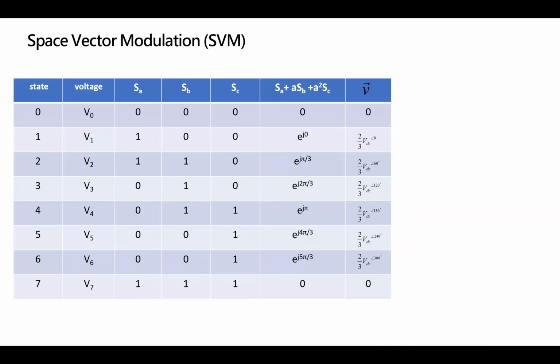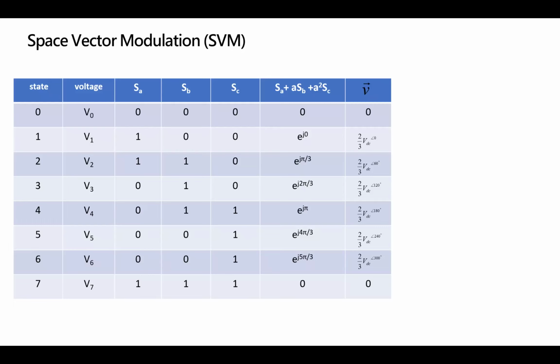Now, if we decide on the S function, let's say S of A, we define the sectors of a space, like from time 0 to T1, we call it state 0. From T1 to T2, we call it state 1. Okay, we section our time, one cycle, or like half a cycle, into different states.